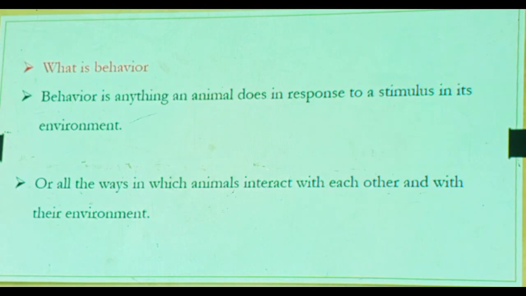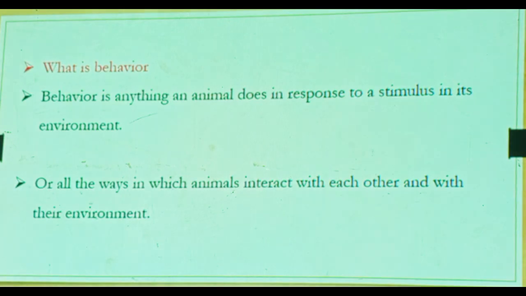Then, what is behavior? First, let's define behavior generally. Simple definition: behavior is anything an animal does in response to a stimulus in its environment. Stimulus is defined as a change in the environment. Which environment?